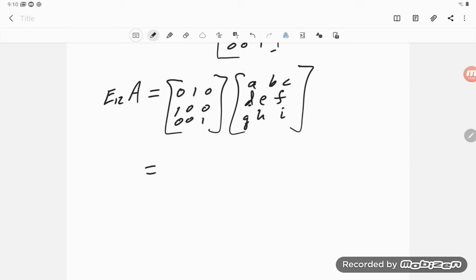So I get 0, then D, and then 0. Add all that together, I just get D.